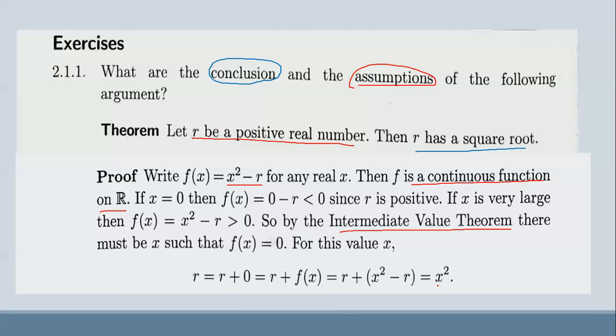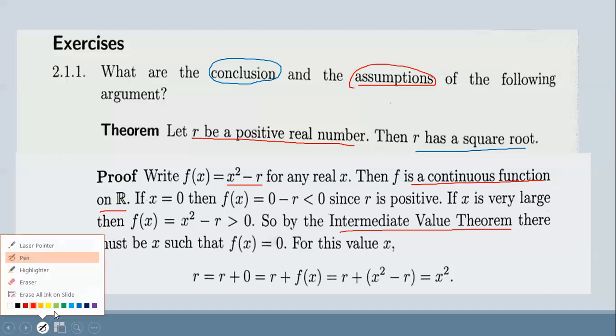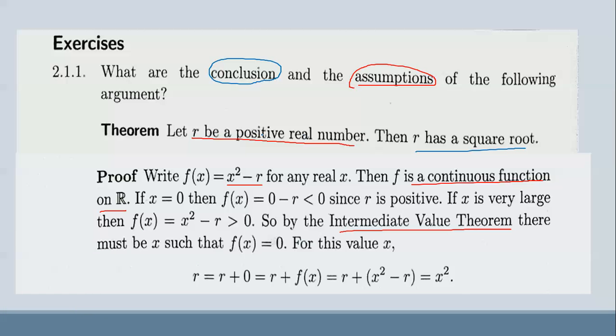Now, looking at that, this is actually the conclusion. We said r has a square root is our conclusion. And here we have r equals x squared, right? That's what we wanted to get to here. So I guess this is like the last step on the way to showing that r has a square root. So there's our conclusion right there: r has a square root.